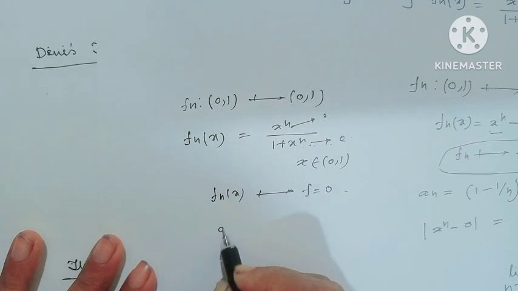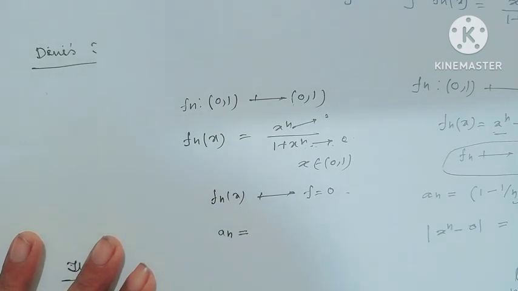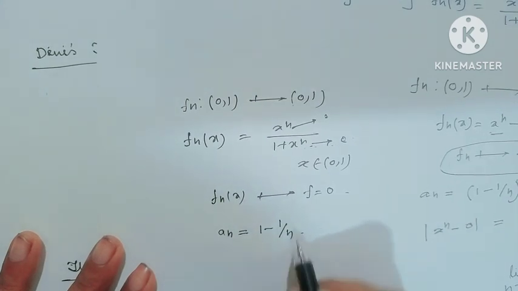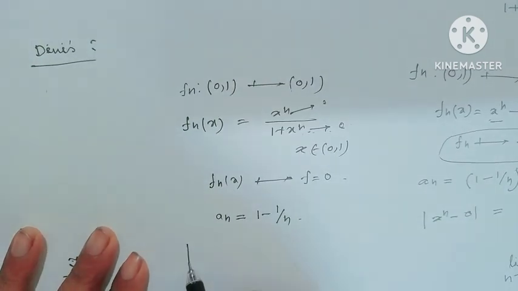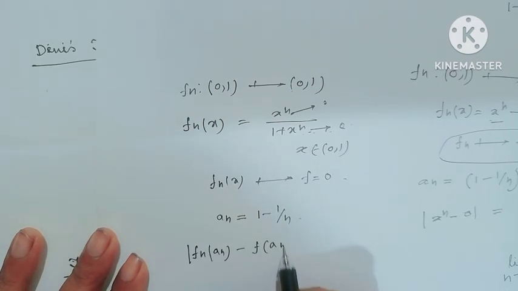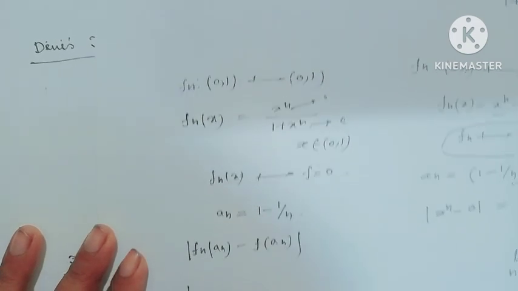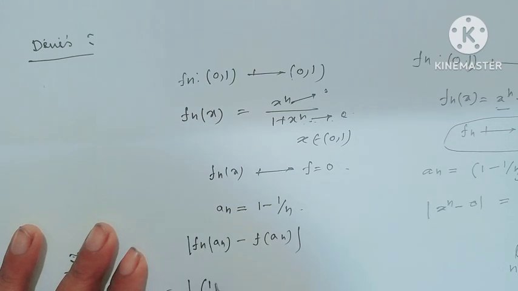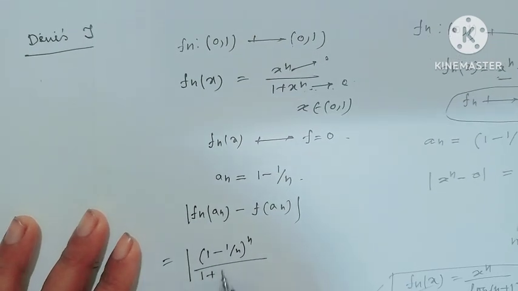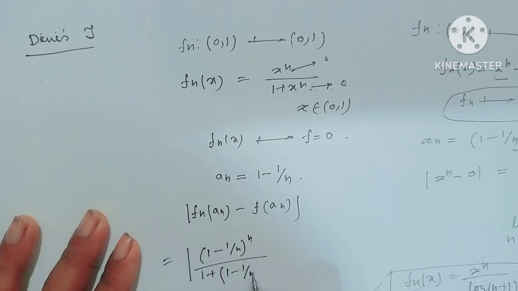Now we have to check whether this convergence is uniform. Here also I will use the subsequence test. Consider the sequence an equal to 1 minus 1 over n. Then fn(an) minus f(an) would be (1 minus 1 over n) to the power n divided by 1 plus (1 minus 1 over n) to the power n.